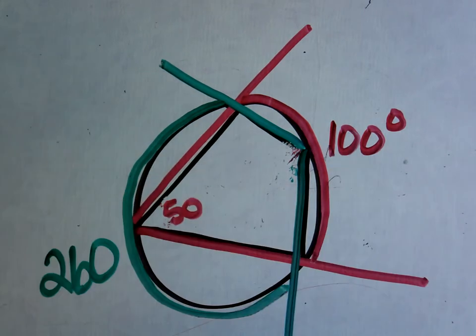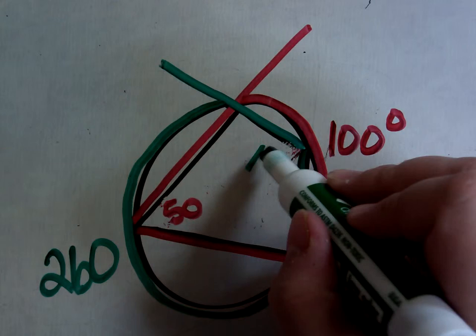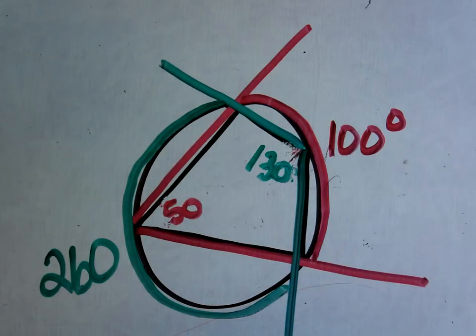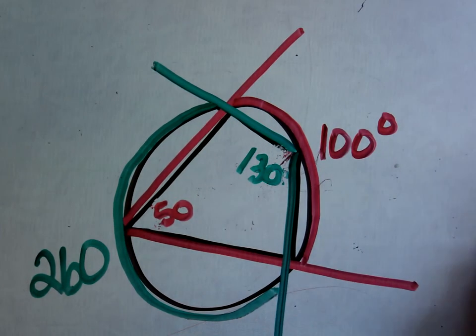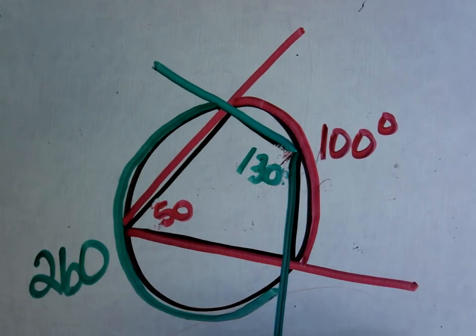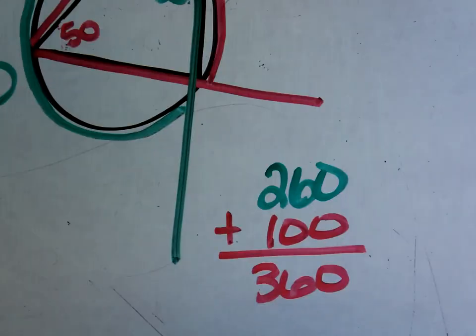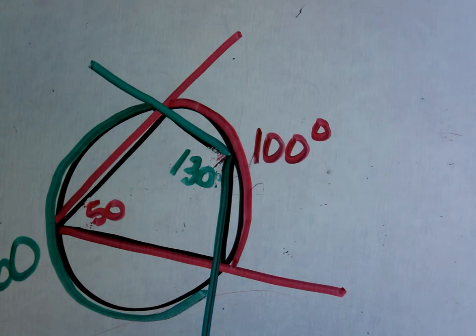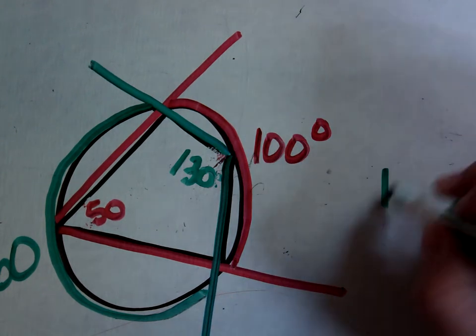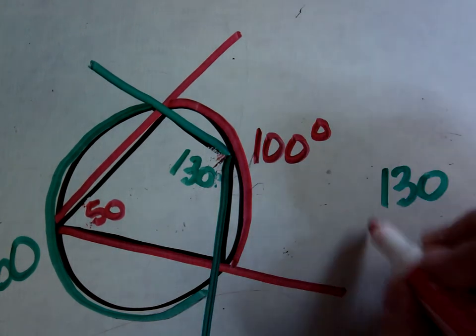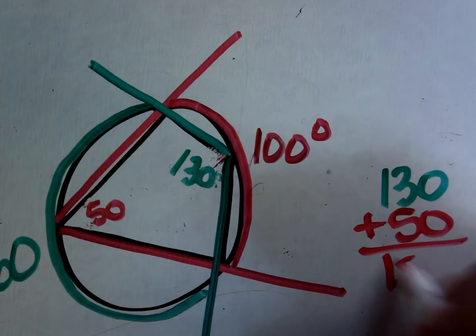And half of 260 is 130. Well, 260 plus 100 equals 360. That's the whole circle. The arcs make the whole circle. So I wrote that so far down. And 130 plus 50 makes 180, half the circle.